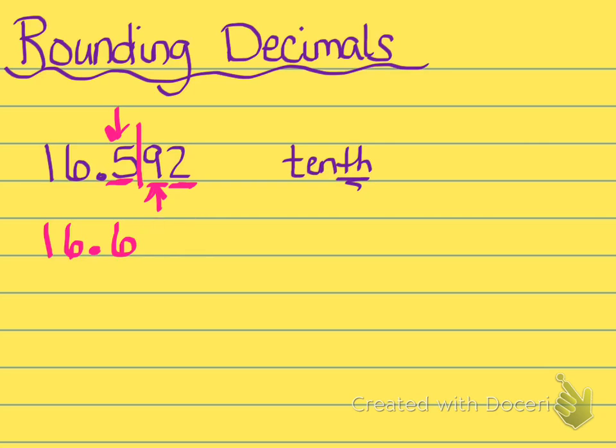So really, we just knock them out and don't worry about them at all. So 16.592, because I wanted you to round it to the nearest tenth, what that means is that I don't want any other numbers that come after the tenth spot. Now, this only applies to decimals. So therefore, we left it at 16.6.